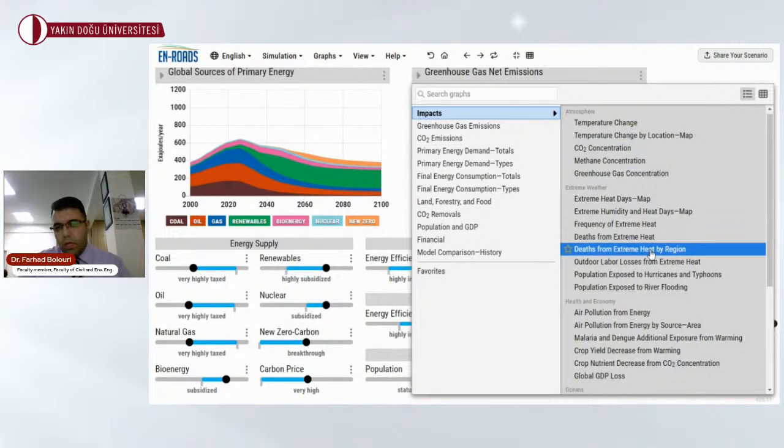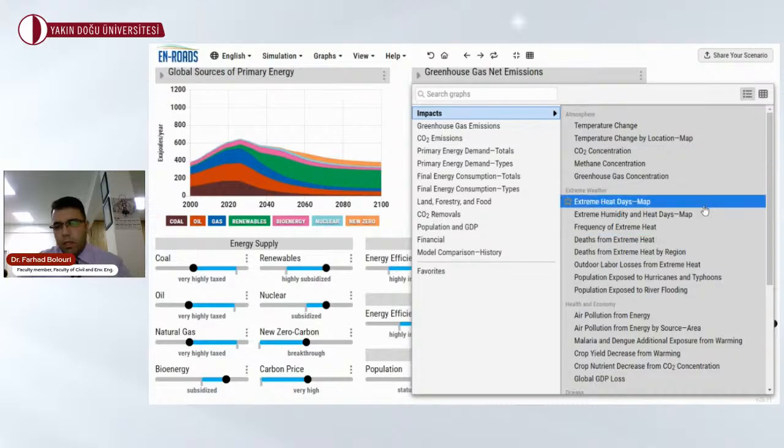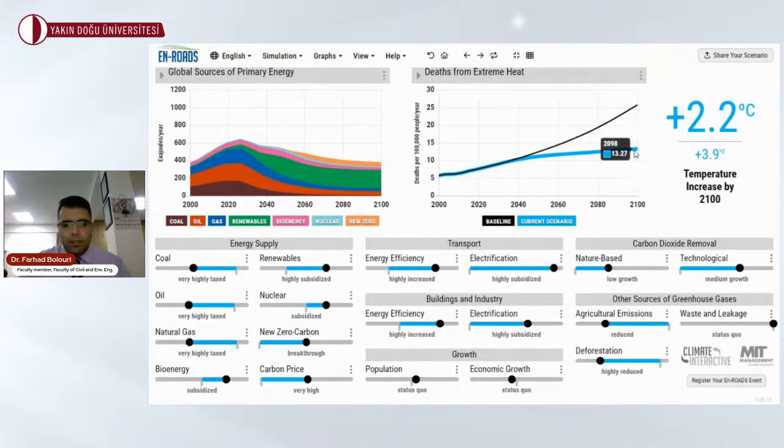For example, if you are in the health field, take deaths from extreme heat. In the recent 10 years, twice in European countries thousands of people died from extreme heat.